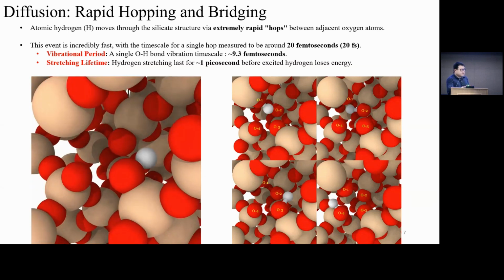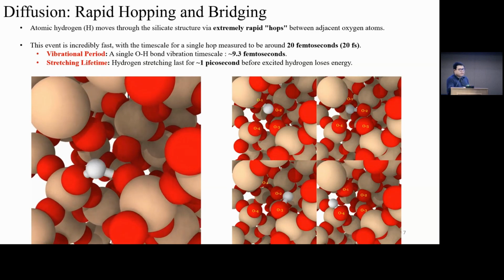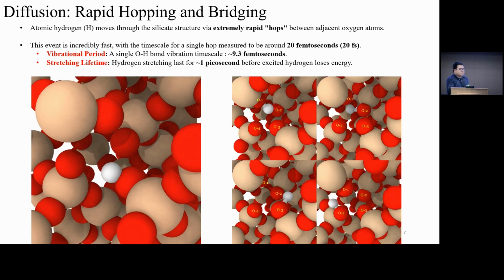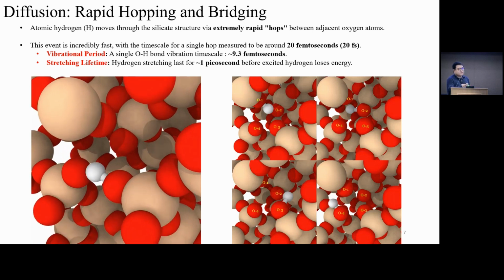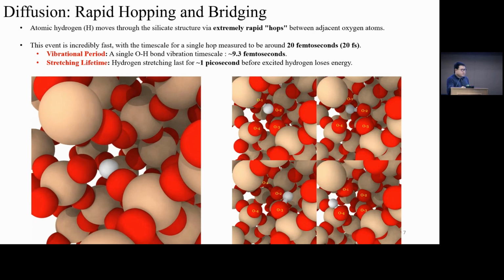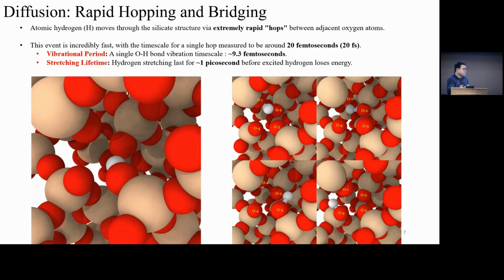So the hydrogen is only going to complete about 2 cycles of stretching before it hops to another oxygen site. This will effectively affect the 2.8 micrometer stretching mode and possibly broaden the spectrum and also lower the intensity.